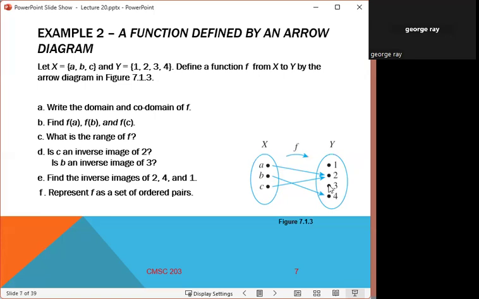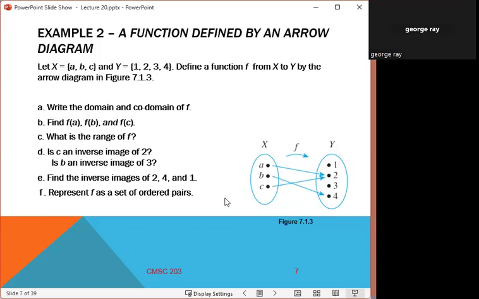Well, no. c is an inverse image of 2 because if we start at 2, the inverse of the function takes 2 to c. The function takes c to 2. The inverse takes 2 to c. So there's no inverse relationship from 3 to b. 4 is the inverse image of b: the function takes b to 4, the inverse takes 4 to b.